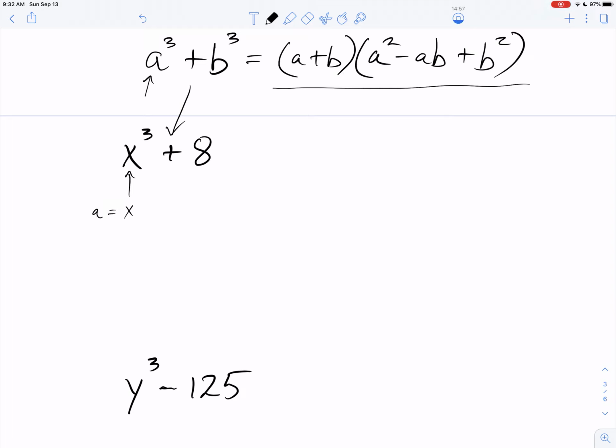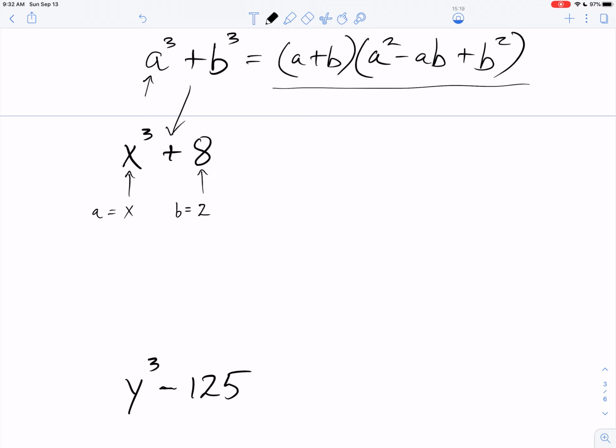Then, what times itself 3 times is 8? Well, that's 2 times 2 times 2. That would be 8. And so that means everywhere I see the letter B in the above formula, I'm going to put the number 2 in its place.